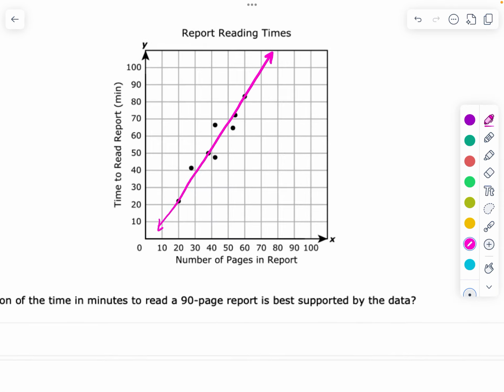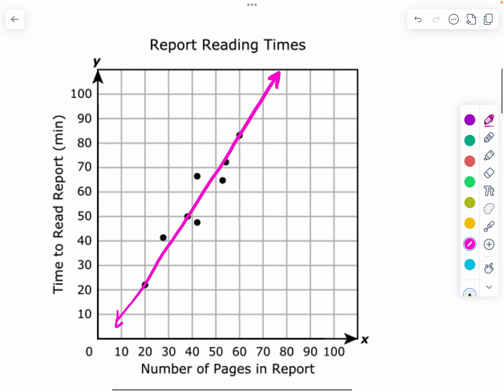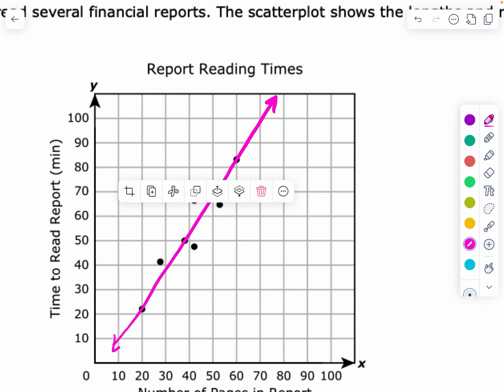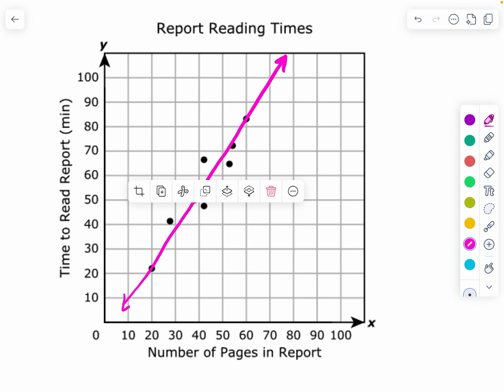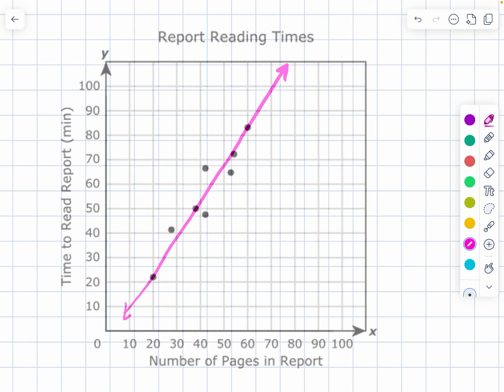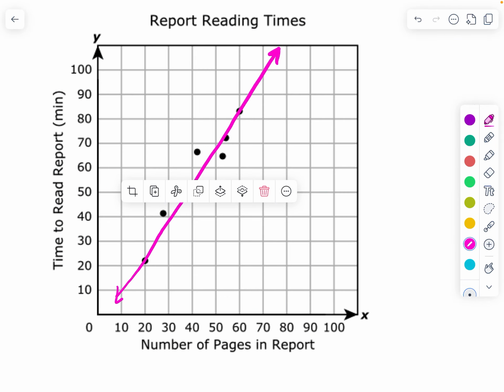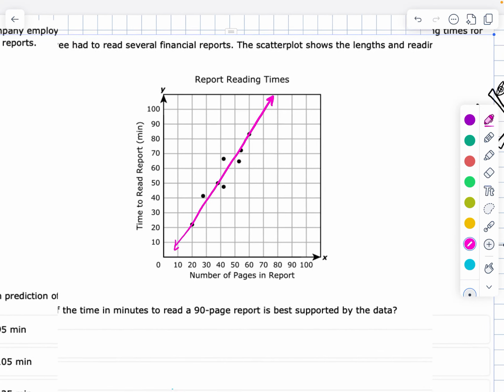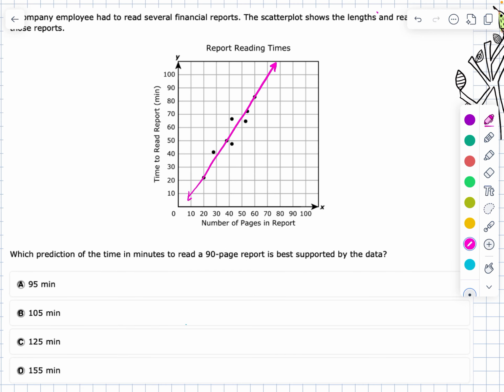Now, after I do that, I'm looking at a 90-page report. This is our goal. So if I go up on this graph, with a little bit darker color, I go up here.